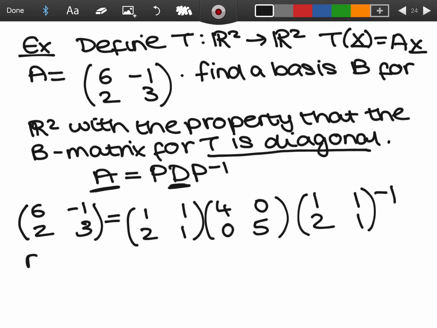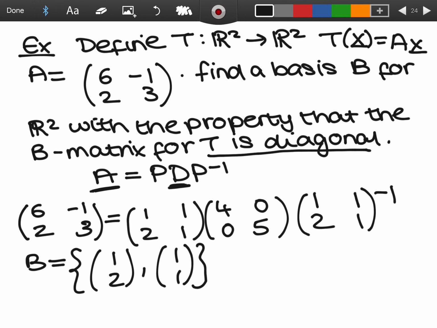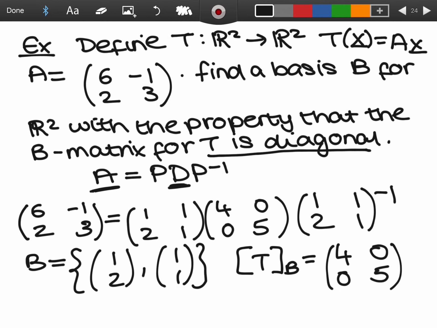Therefore, if we use this basis for Rn, this would make the B matrix for T this diagonal matrix.